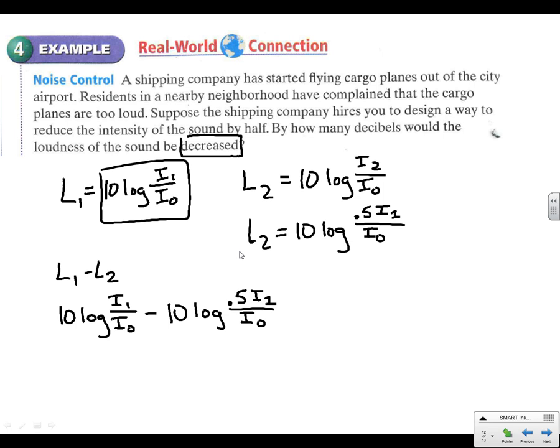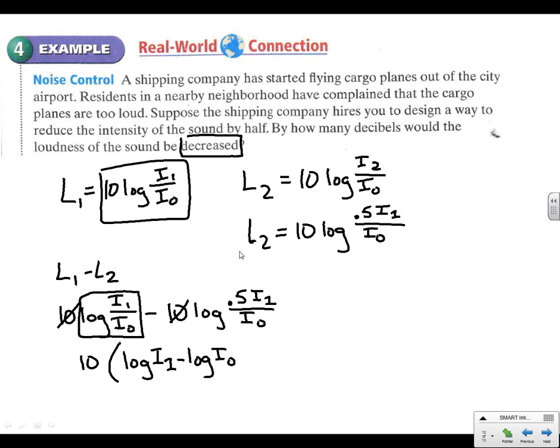Okay, so once you get to here, it's a little tricky getting to here, but once you get to here, we're going to use our rules of expansion to clean this up. I'm going to take this 10 and put it out front, so we don't have to worry about these 10s anymore for a while. Let's just deal with this first logarithm right here. We've got division, so we can expand this. We're going to say log I1 minus log I0.